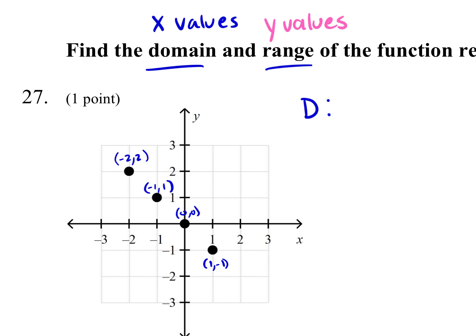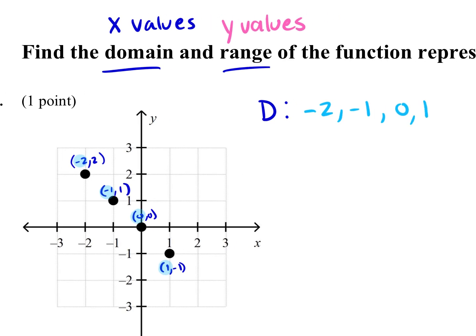So it would just be the X's here. So my domain would be -2, -1, 0, and 1. It doesn't matter if you put the brackets or not. The range, we're talking about the Y values. So that would be 2, 1, 0, and -1.